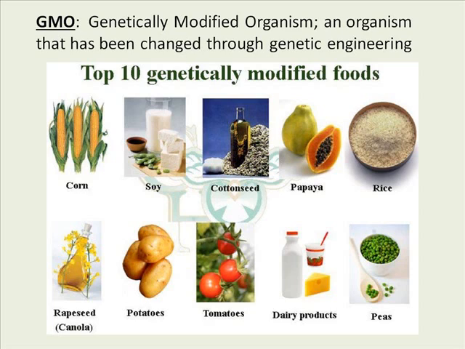Corn, soy, cottonseed, papaya, rice, rapeseed oil, potatoes, tomatoes, most of your dairy products, and peas are the top 10 most commonly modified foods that we have.